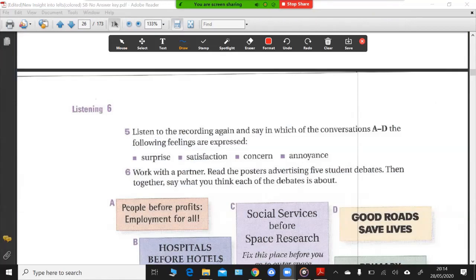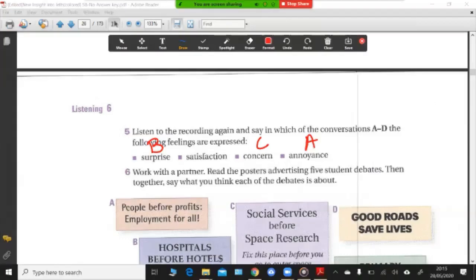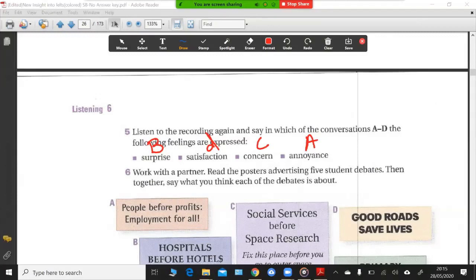So the first one is A. Okay. Next one. B, surprise. Okay. This is B. Yes. C, concern. And D, satisfaction. Yes. She is satisfied with the marks.